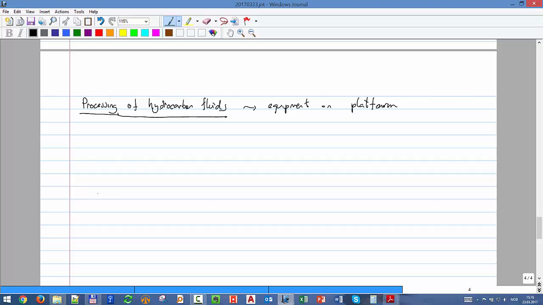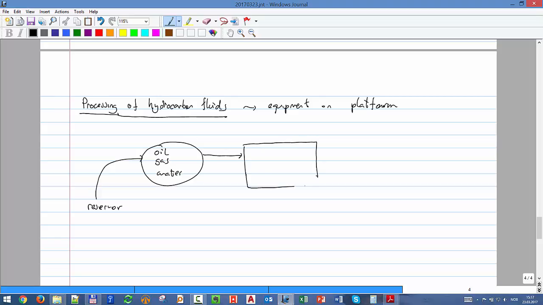Basically I have the reservoir, with some fluids coming from the reservoir, that typically are oil, gas, water, plus some ugly things we don't want, asphaltenes or sand, etc. So we first have one stage, and it is the most important, that is separation and stabilization, where we are going to get three streams.